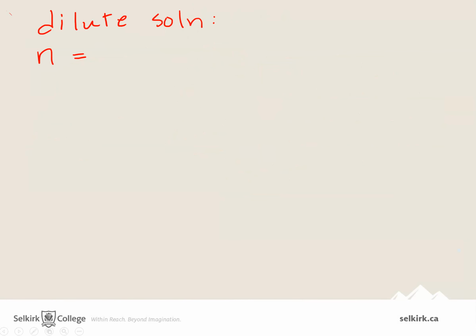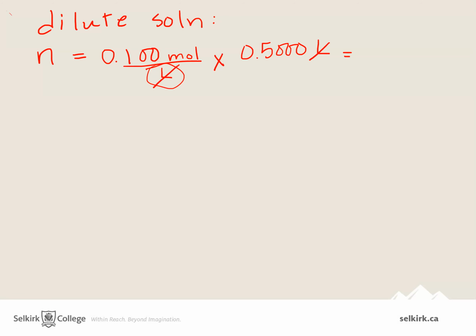Okay, so I've got 0.100 moles per liter and 500 milliliters. Well, watch your unit. This tells you that you first have to convert that volume into liters from milliliters. Liters cancels out, and I am left with 0.0500 moles in the dilute solution.